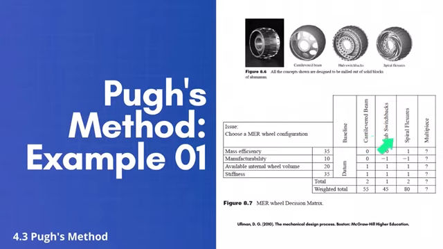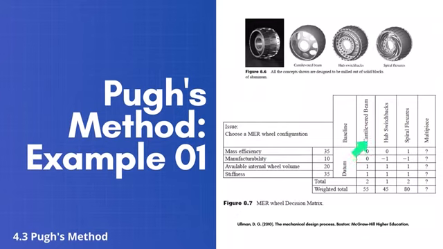Next, we have the area where the evaluation will happen. Let's say we consider the cantilever beam. The concept of cantilever beam will be compared to the baseline. Let's say we want to consider the first criteria, which is mass efficiency.